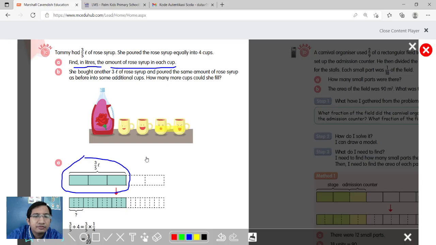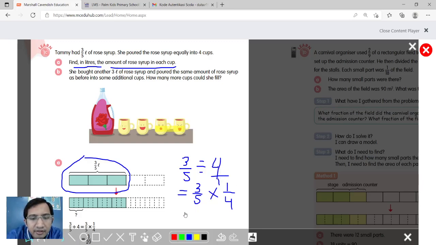Then we want to divide it into 4 cups. So we just divide this by 4. 3 per 5 divided by 4, which will be equals to 3 per 5. We change the division into multiplication and we put the 4 as 1 per 4. Remember to switch the denominator and numerator. Now we can multiply the top one. 3 multiplied by 1 is 3 and 5 multiplied by 4 is 20. So each cup will have 3 per 20 liter.